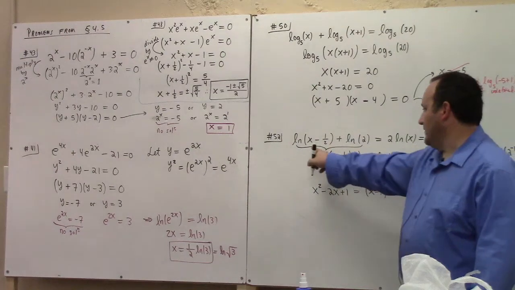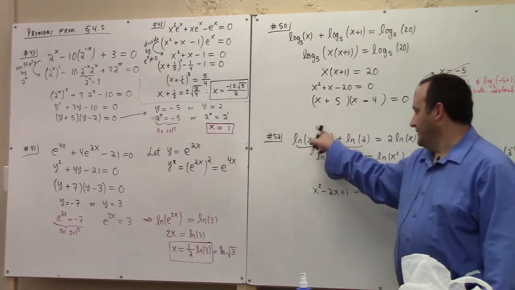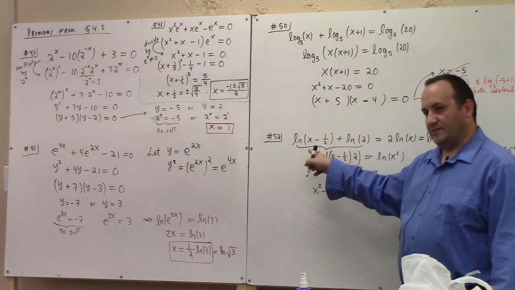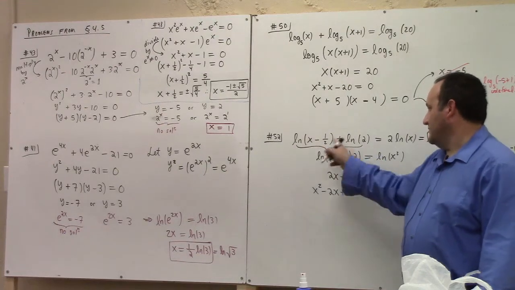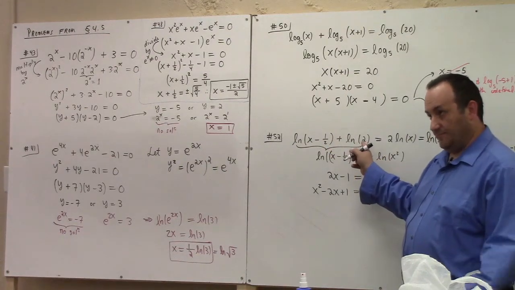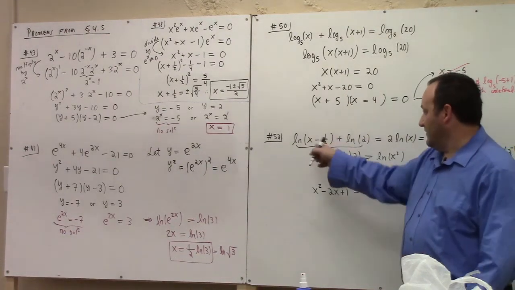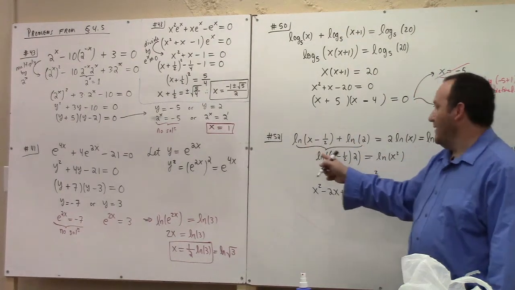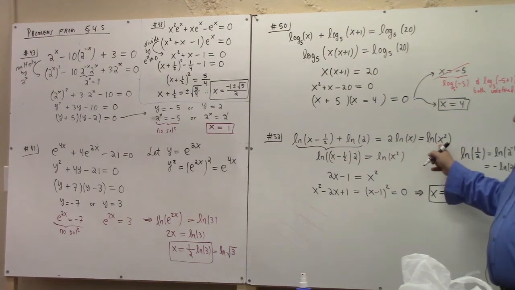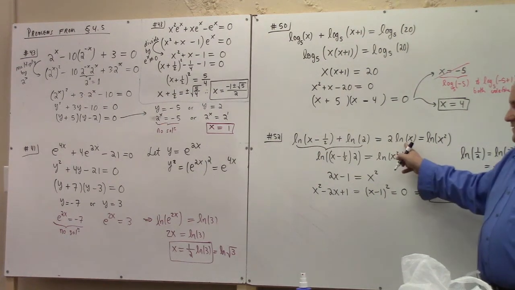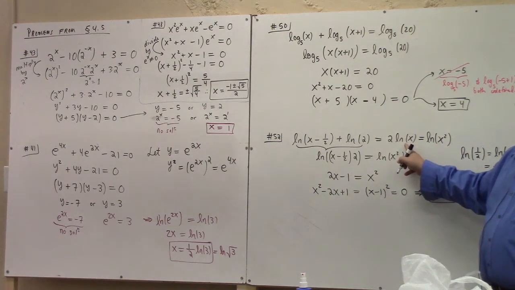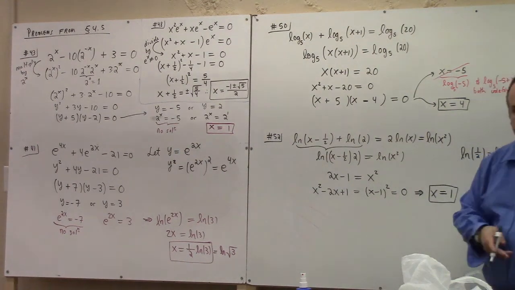So when you plug in 1 back into this equation, the first term becomes minus the natural log of 2. So you get minus the log of 2 plus the log of 2. So the left-hand side of this equation works out to 0. What happens when we plug in 1 over here? Well, we get the natural log of 1 squared, right? Or 2 times the natural log of 1. Either way you slice it, you've got 0. 0 equals 0, good, it checks.